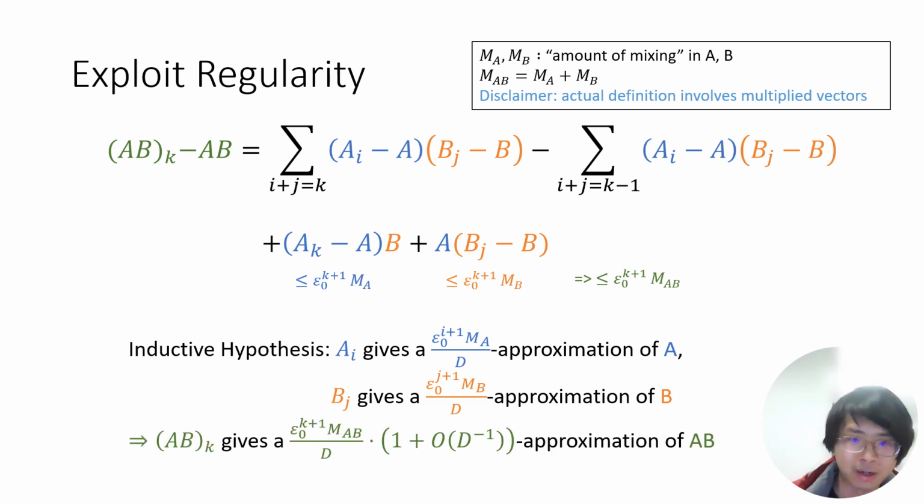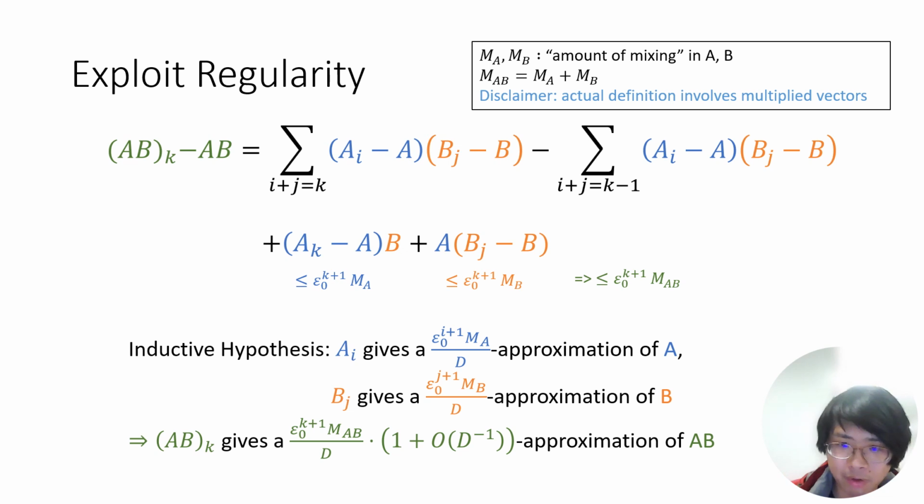It basically would show that AB_k is close to what we assume in the inductive hypothesis when multiplied by an extra 1 plus 1 over D factor.